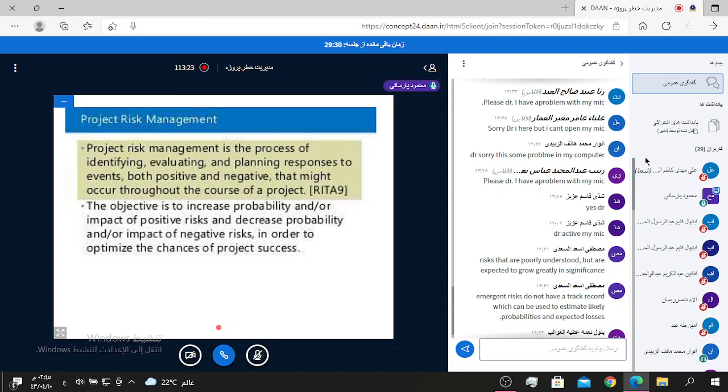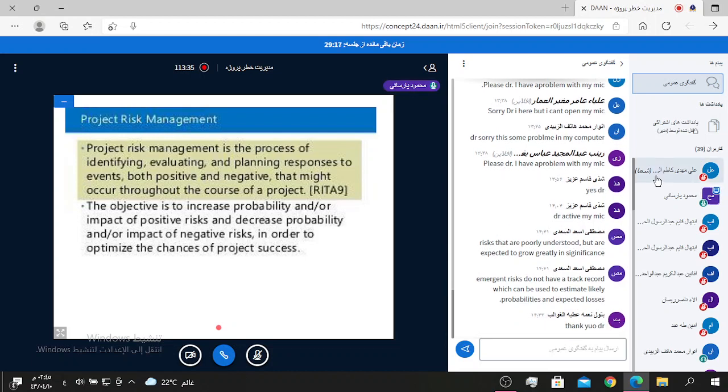But with risk management, the chances of project success will be optimized by risk management in that project.